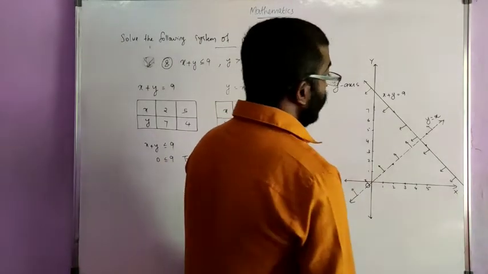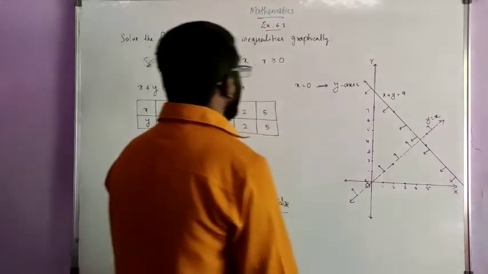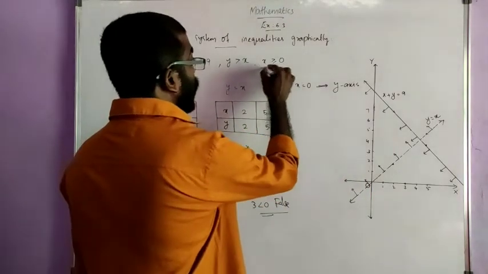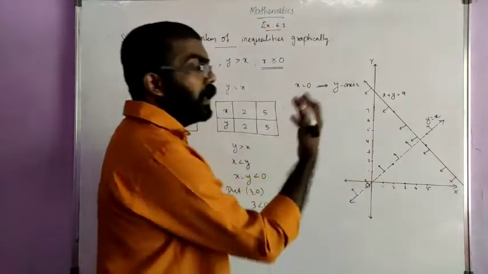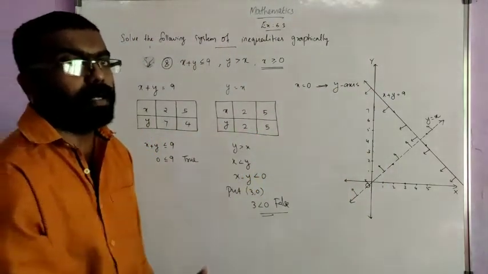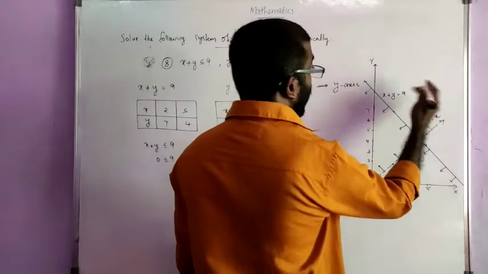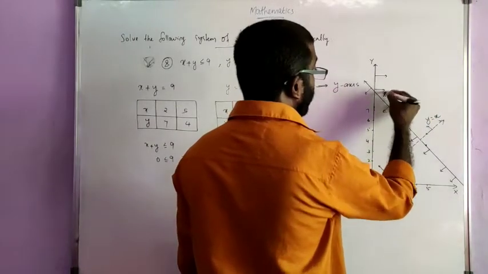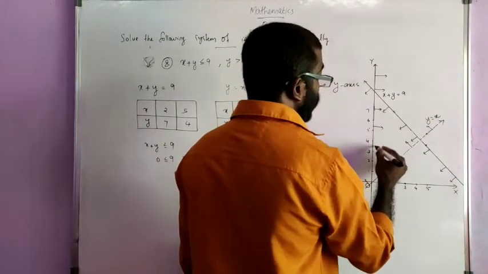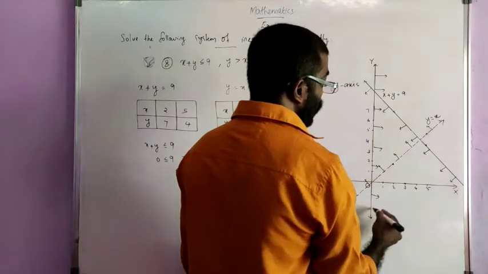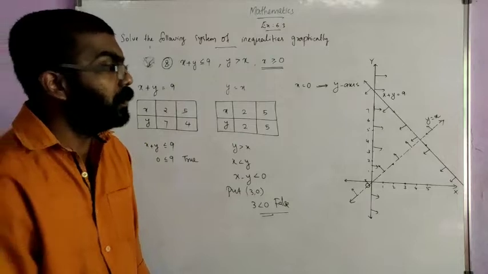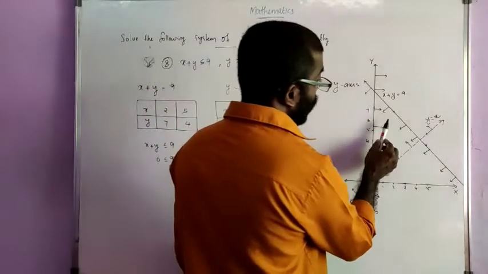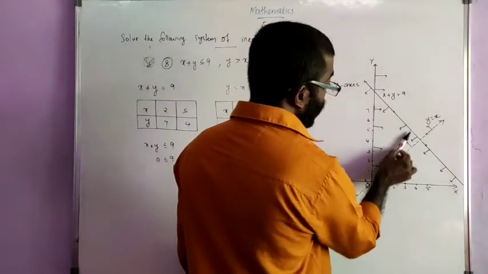Now we have to take one more case. X is greater than or equal to 0. X equal to 0 is y-axis and greater than or equal to 0 means the positive part, the right part of this line. Okay. Now we can find out the common region. Clearly it is the portion given by this part.